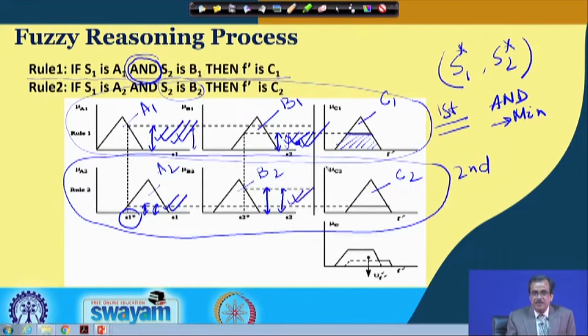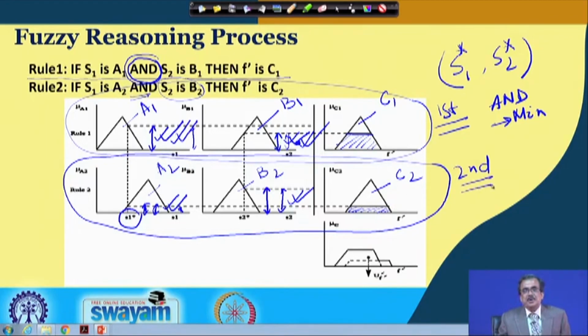This one is found to be smaller, and as there is an AND operator, we consider the minimum value of mu, and corresponding to that minimum value I get some output here.